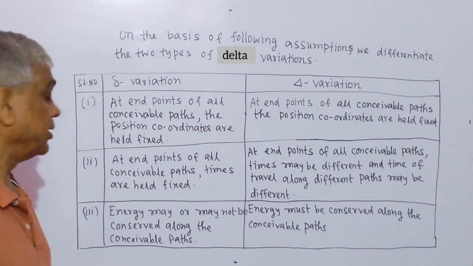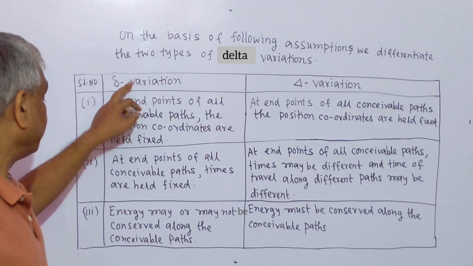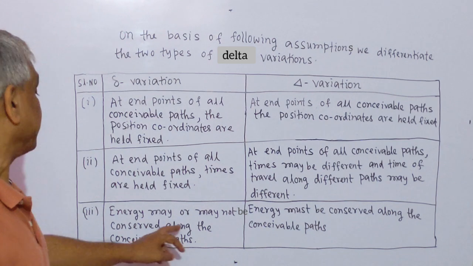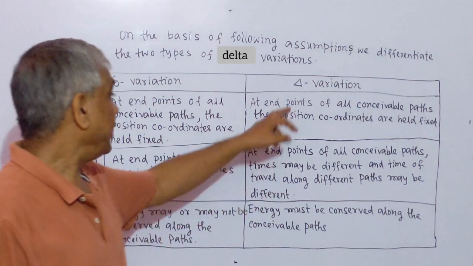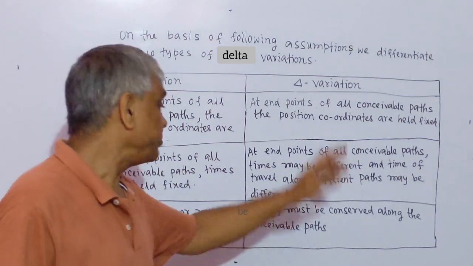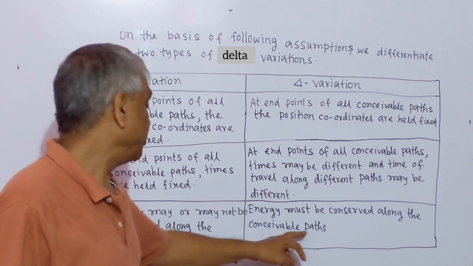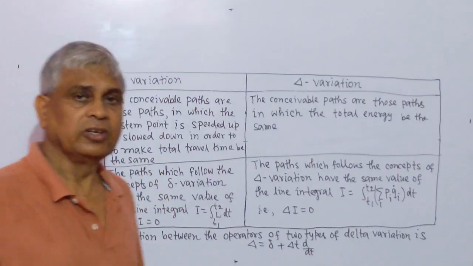Number 3. In lowercase delta variation, the energy may or may not be conserved along the conceivable paths. In uppercase delta variation, energy must be conserved along the conceivable paths. Number 4.